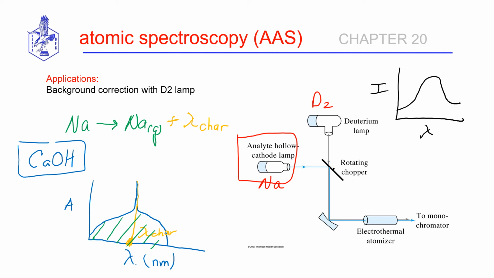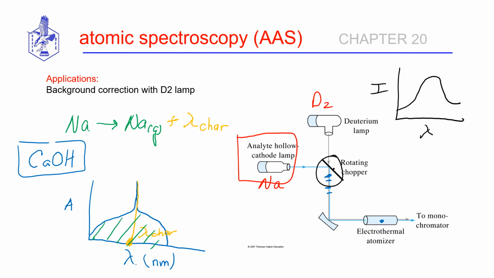So what that allows me to do is, if I have both of those source lamps, I alternate with a chopper little segments of the light coming from the hollow cathode lamp, the deuterium, hollow cathode, deuterium, etc. Let that light pass through my sample, in this case introduced using my electrothermal method.